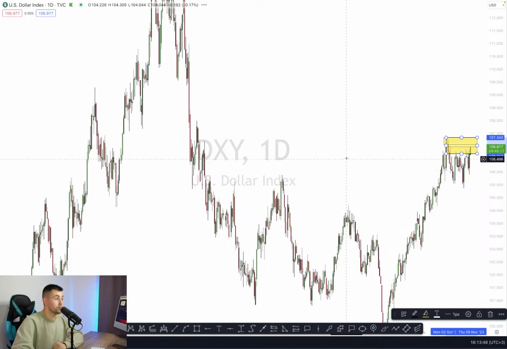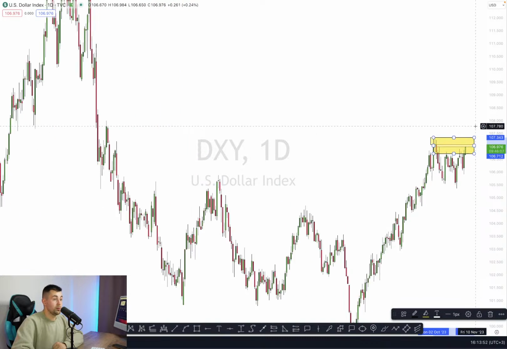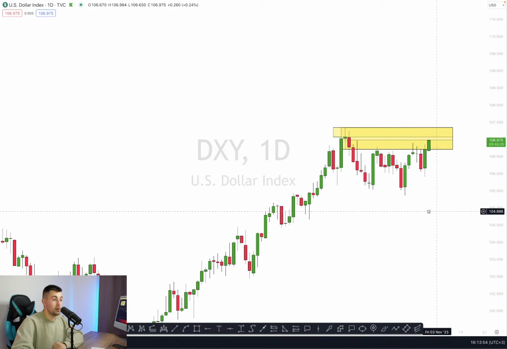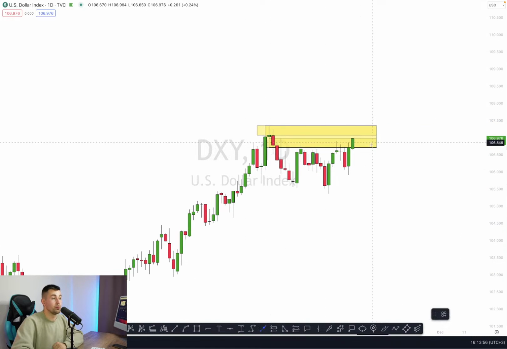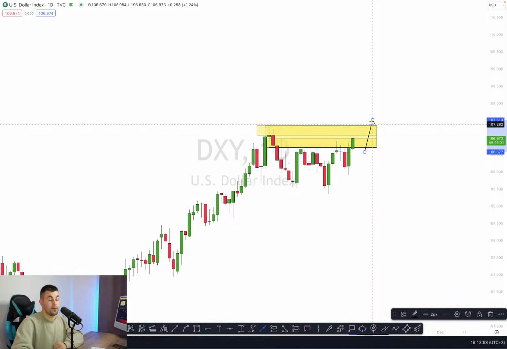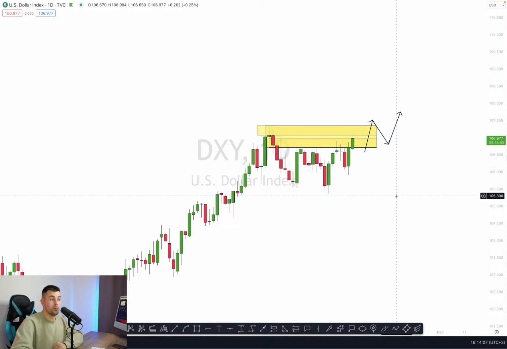And bullish breakout of that supply zone will be your very bullish trigger. If after the Fed, the daily candle closes above that resistance, that will be a very strong bullish signal that will push dollar index higher.